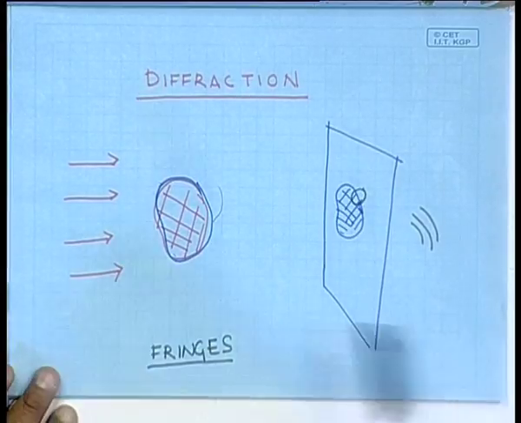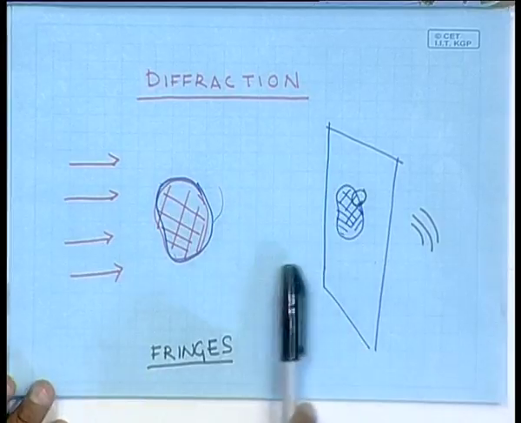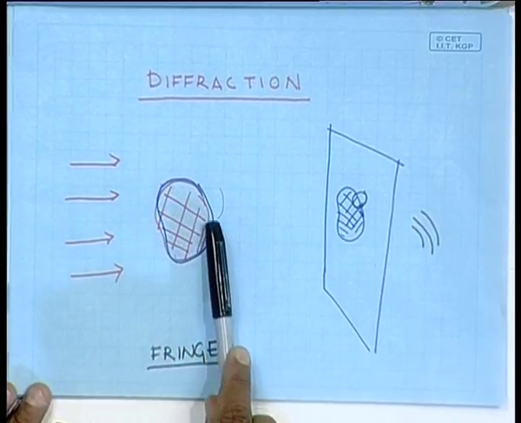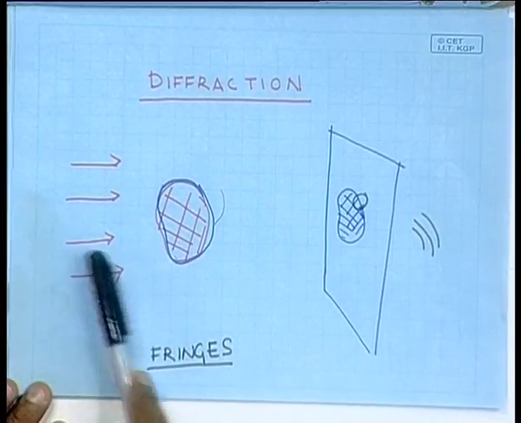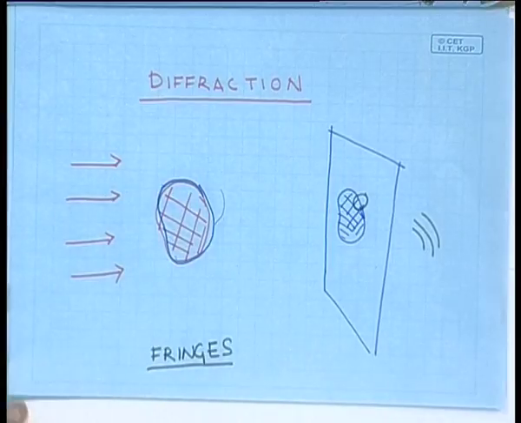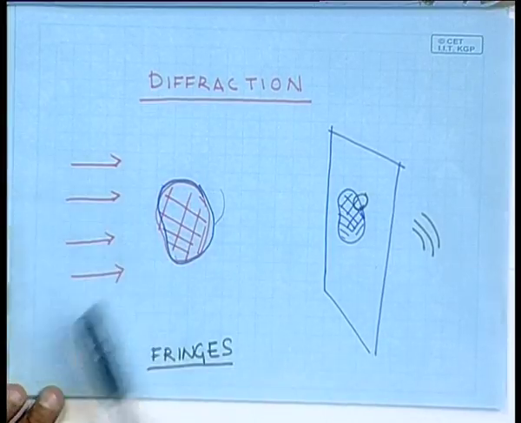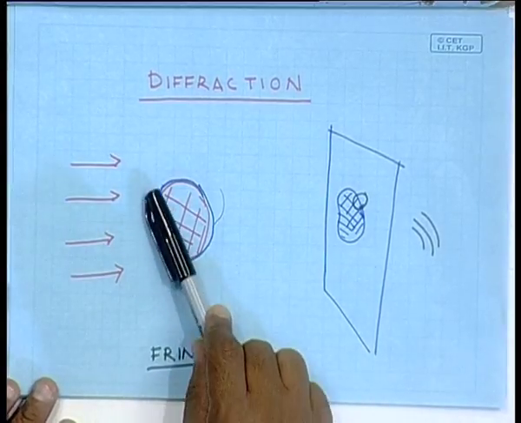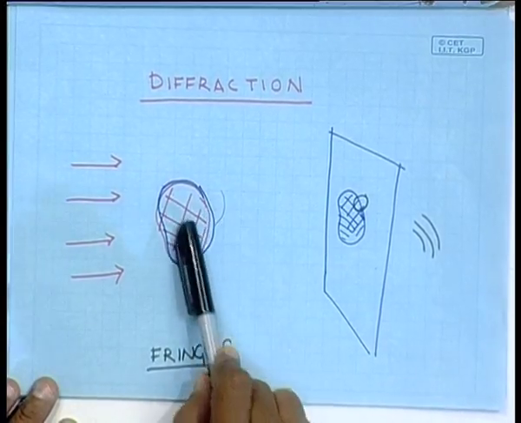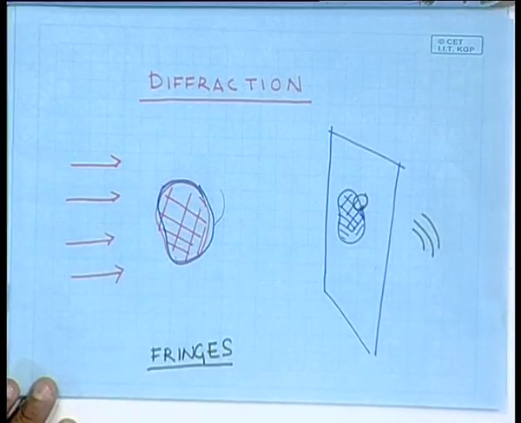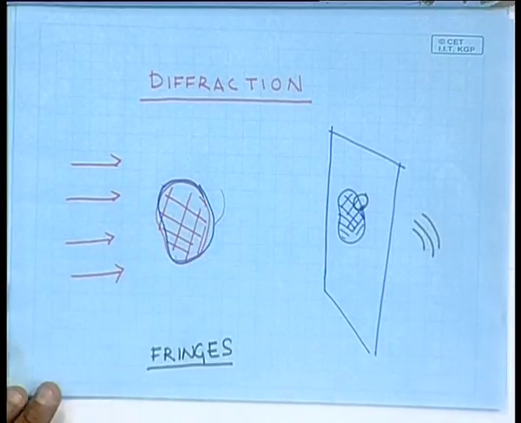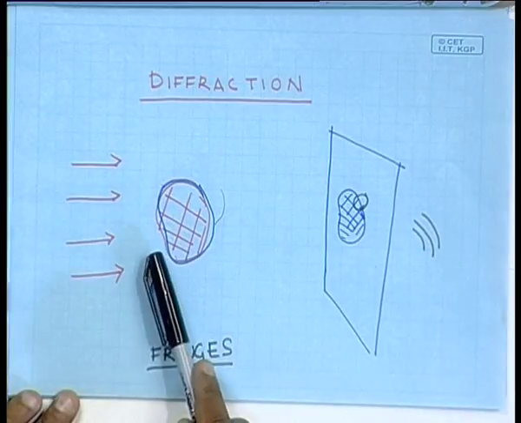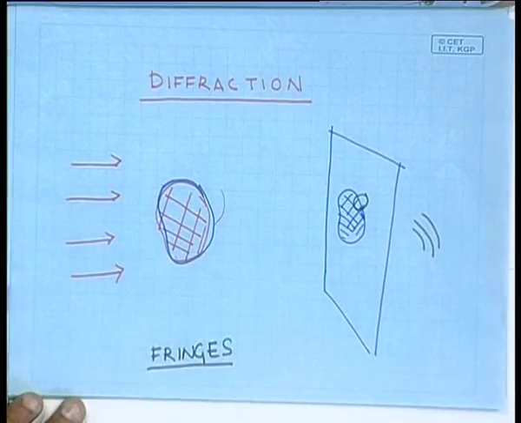If you wish to analyze this situation where we have an obstruction in the path of the wave, you now have to solve the wave equation with appropriate boundary conditions corresponding to this obstruction. Inside the obstruction, the wave should vanish. So, you have to impose appropriate boundary conditions which represent the obstruction, and you have to solve the wave equation.